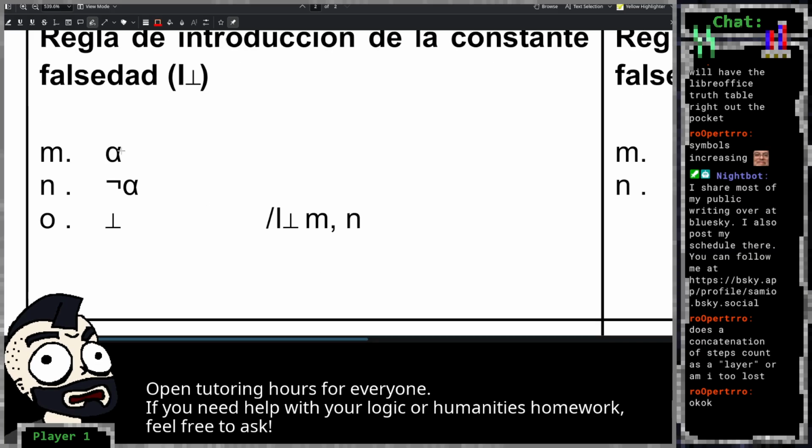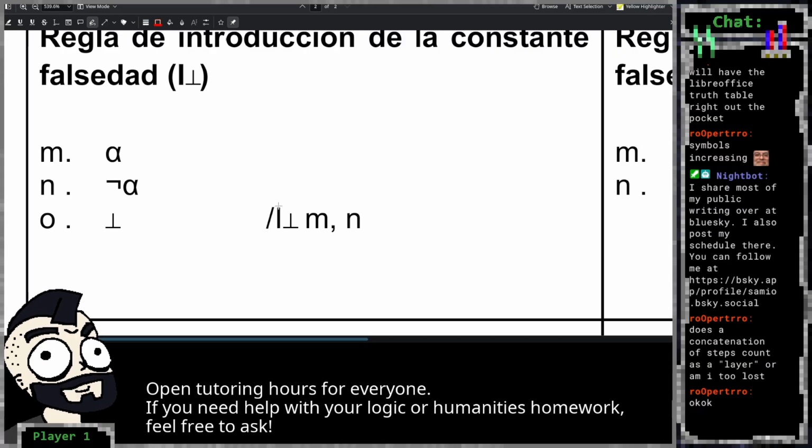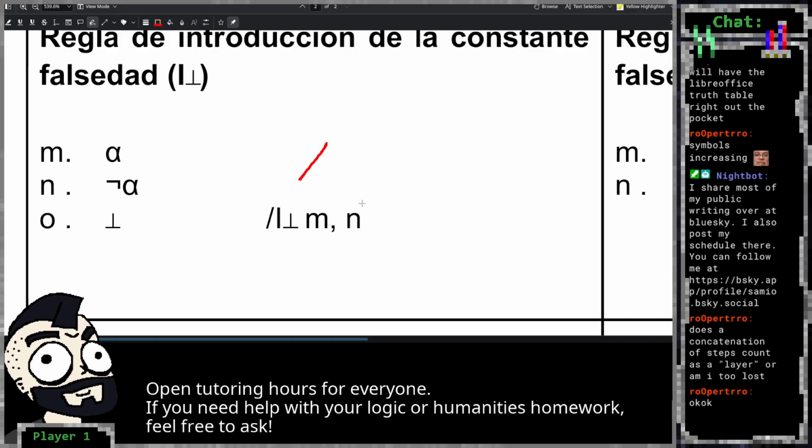So to the side of the chain of well-formed formulas, we will see this nomenclature. We will see a dash, then an I or an E, then a symbol. In this case, it's the constant falsehood or contradiction. And then we'll see references to the adequate steps. Which steps are adequate depends on the rule.